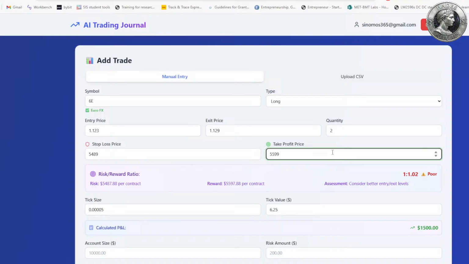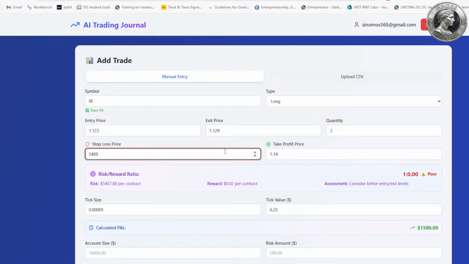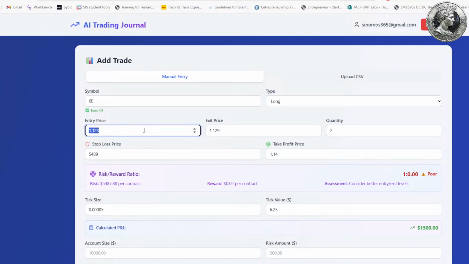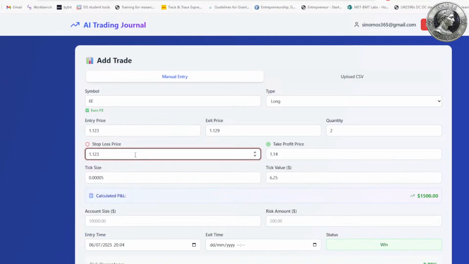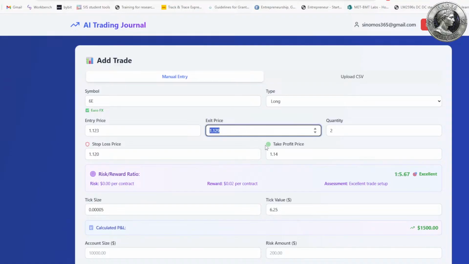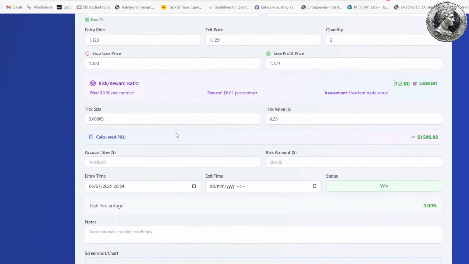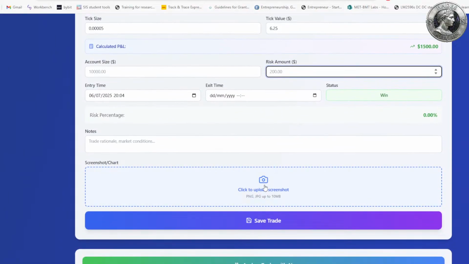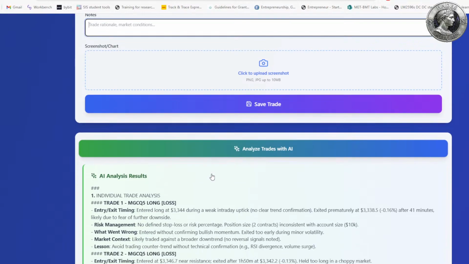I buy 2, and my take profit was actually 1.14, and entry price was the tick. See, that's what you plan. This is what you exited. I don't know if you're gonna pick up on it. You see, it calculates the tick size directly. You put yourself these ones, notes, and save.